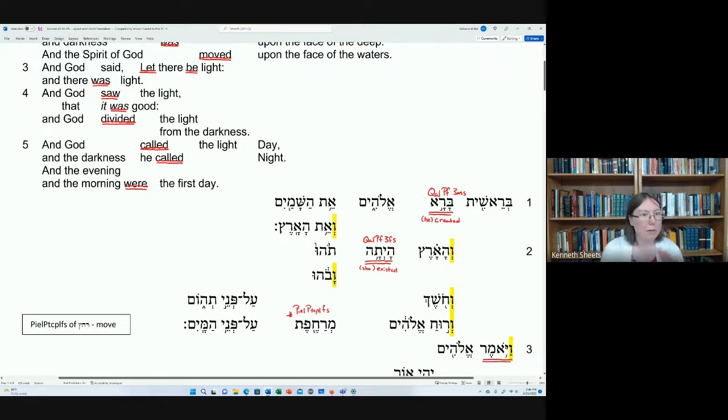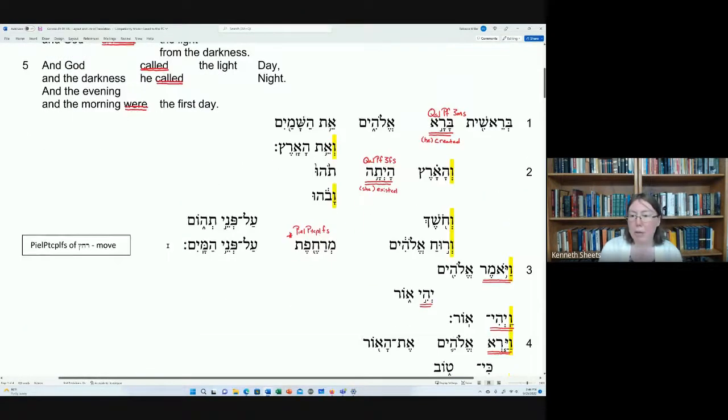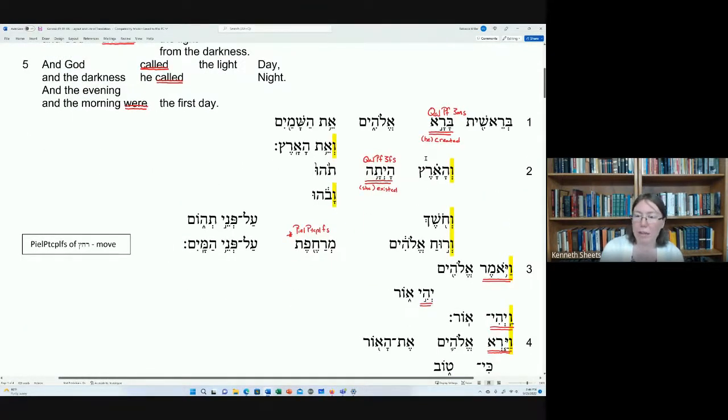So it's not a verb, it's what we call a verbal adjective. Slight difference there. Let be, was, saw, was, divided, called, and were. And we had worked our way through the verbs there in the first two verses here.